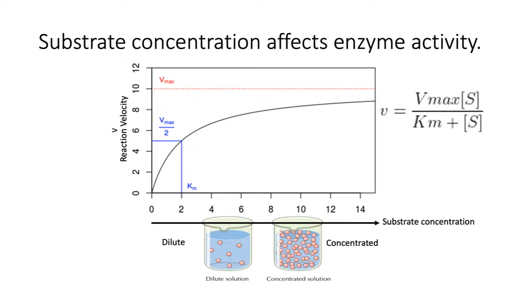Whenever some products leave, new reactants immediately come into the active site because they're so concentrated. So there is a maximum rate at which the reaction happens. Basically, this indicates how fast the enzyme can carry out the reaction with no searching time.